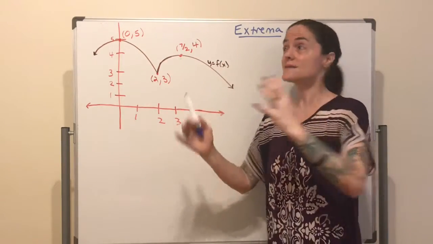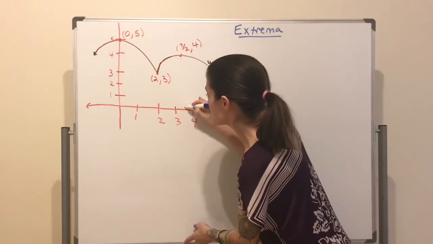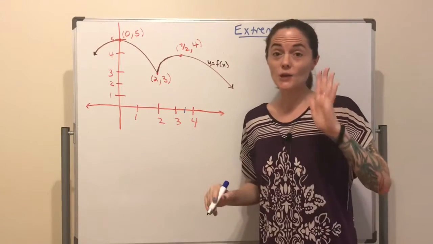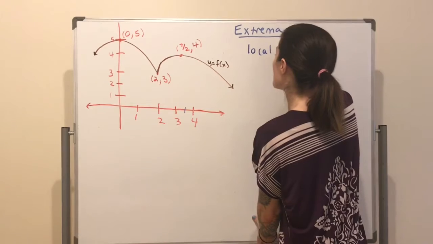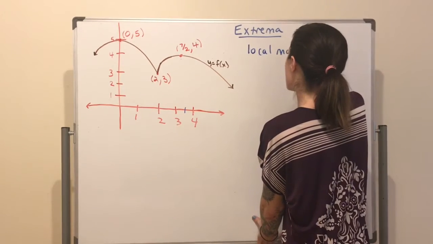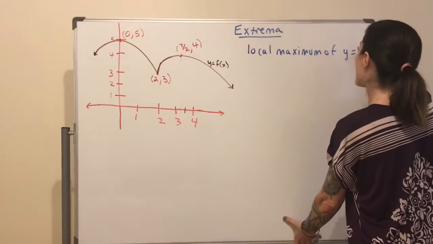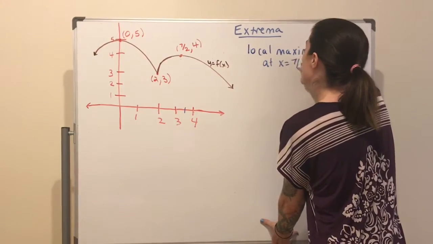This means that at this point, x equals 7/2, which is here, we have what's called a local maximum. So we have a local maximum of y equals 4 at x equals 7/2.